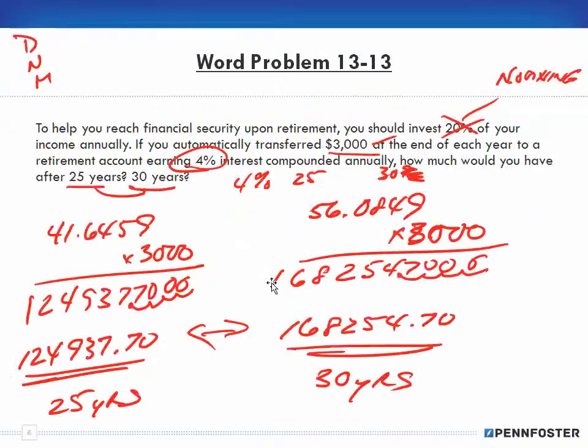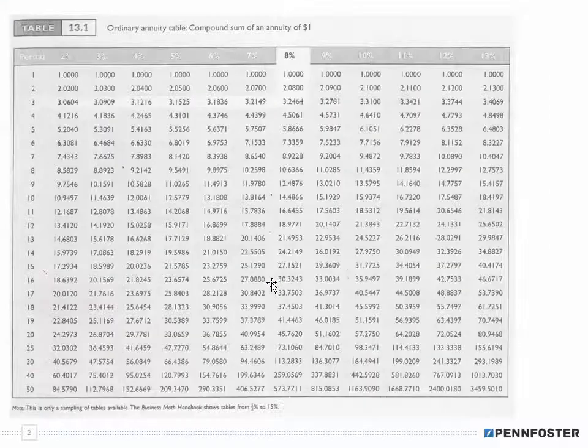Under 3% and 21 periods, it's not on this table. That means you have to go into the Business Math Handbook and look up the factor. You could extrapolate it from this chart, but that's a lot of extra heavy-duty math that you don't need. So go into the Business Math Handbook and look that up.